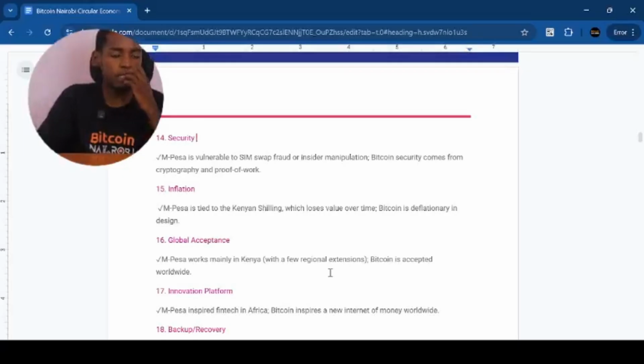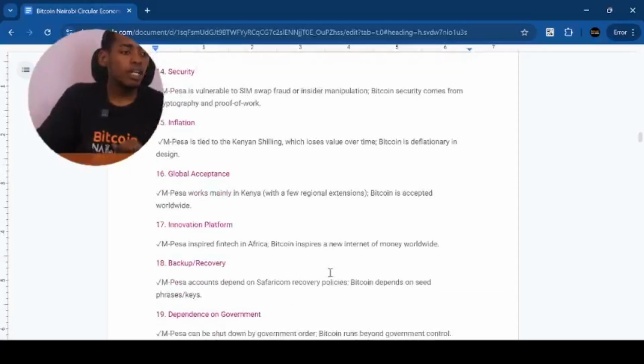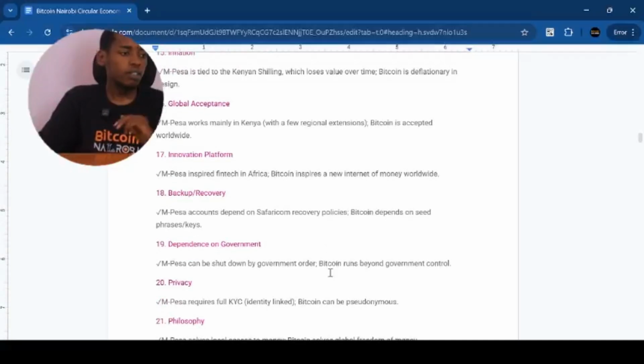Proof of work, we say, is miners. Inflation: M-PESA is tied to the Kenyan shilling, which loses value over time due to more money printing, but Bitcoin is deflationary in design. There will only be 21 million coins in existence, so there's no inflation of the currency.